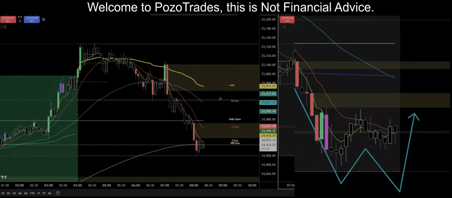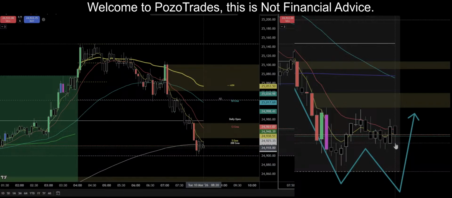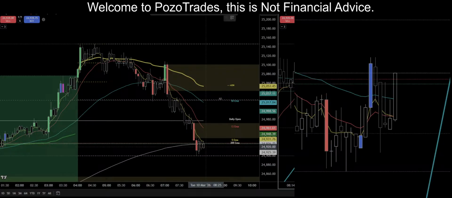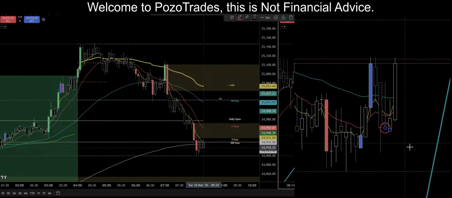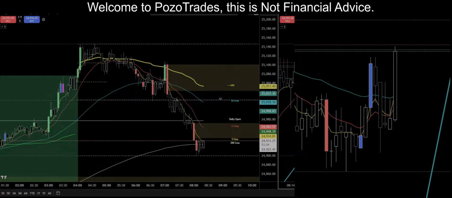There, we made the wick on the bottom. Tiny little wick. So it was right here that we didn't have a wick. Oh, there's a nice push off the 200.